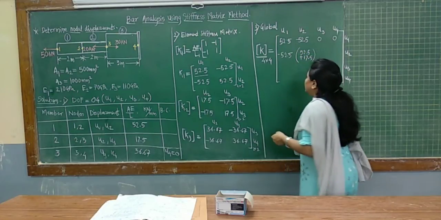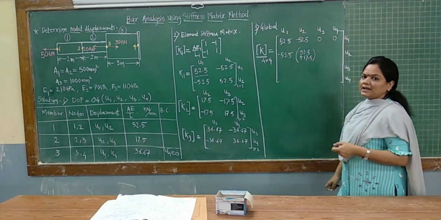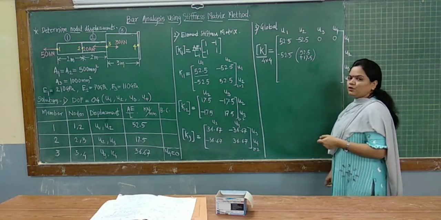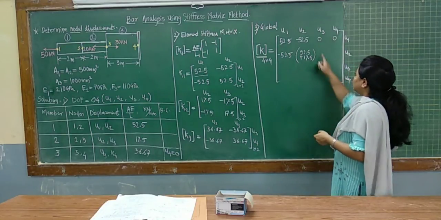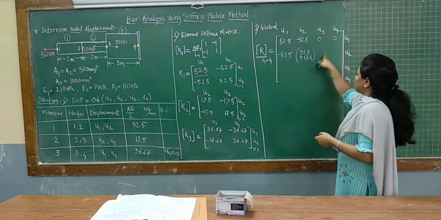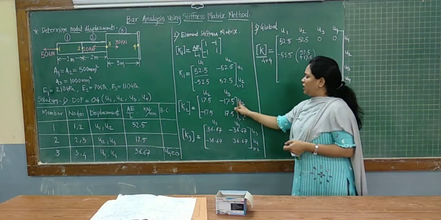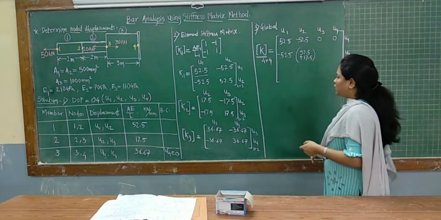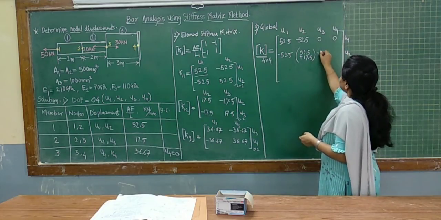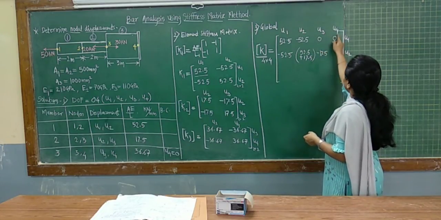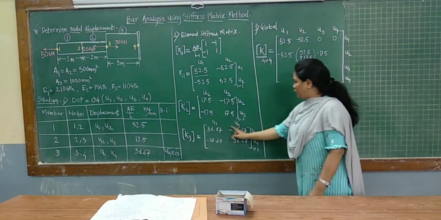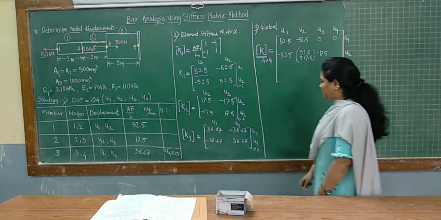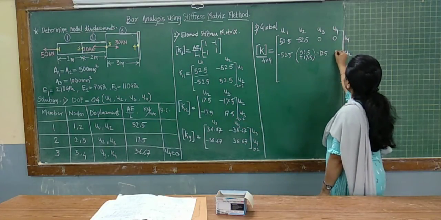So that is the combined element, the action present here for the displacement U2, U2. Third element U3 column, U2 row, that is minus 17.5, and U2, U4 is not present here, so this will be 0.